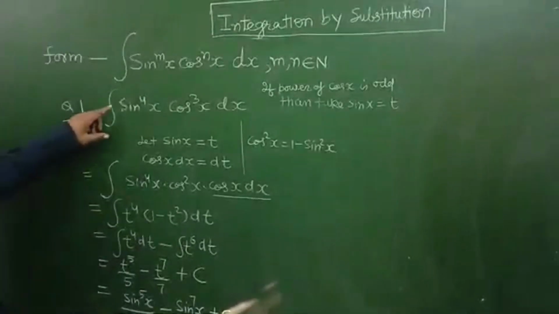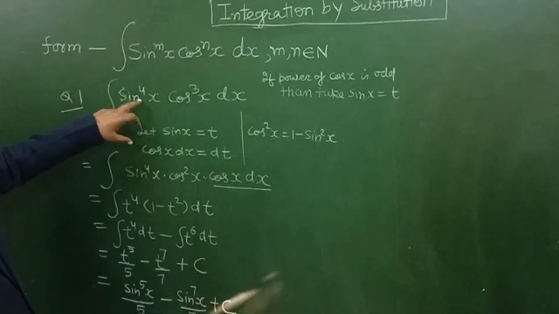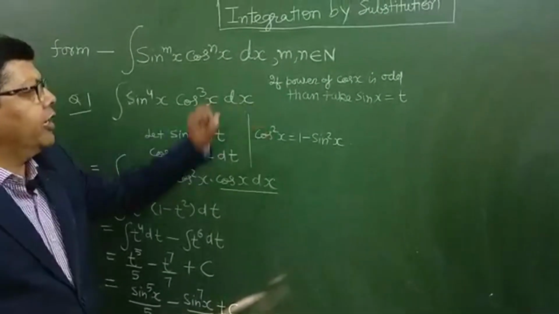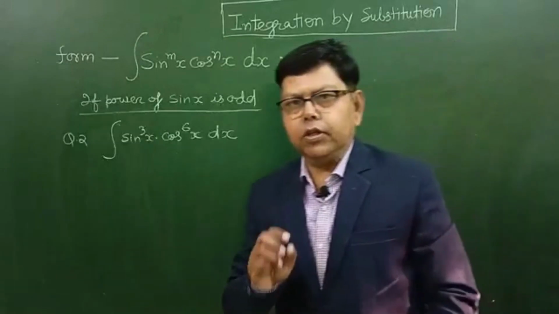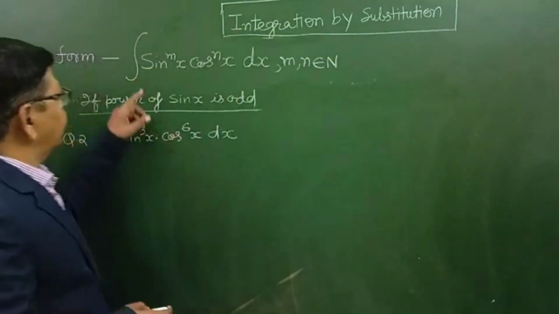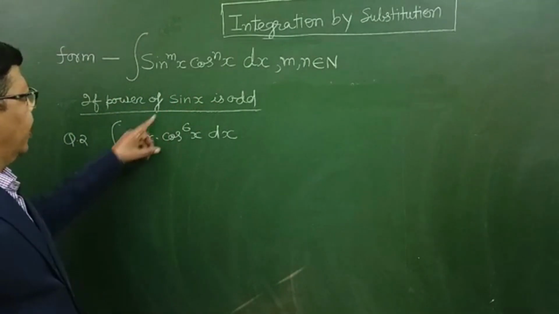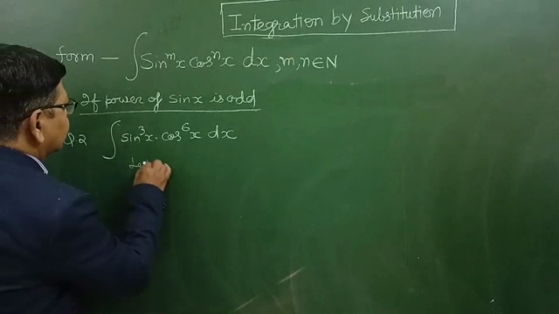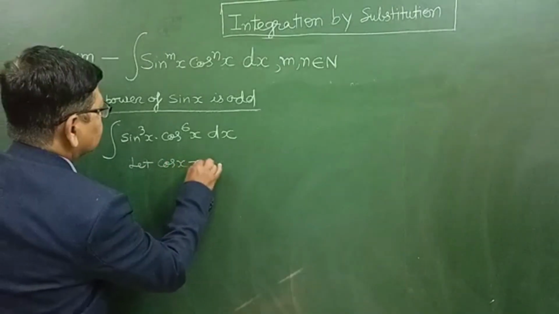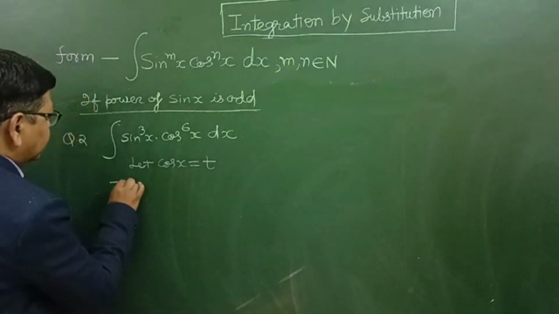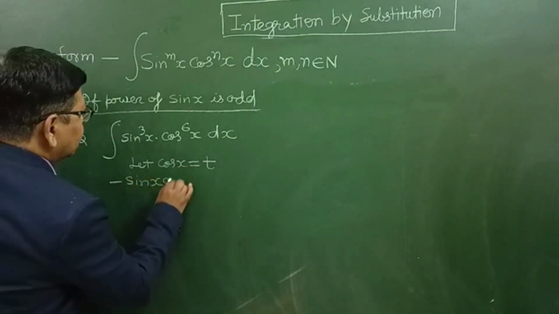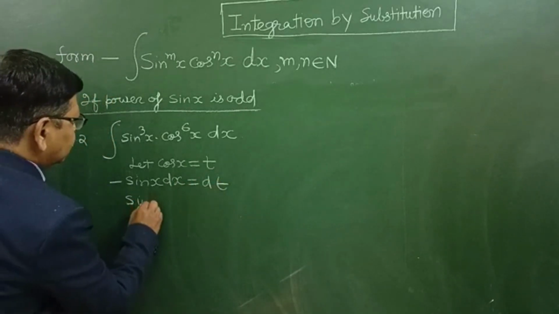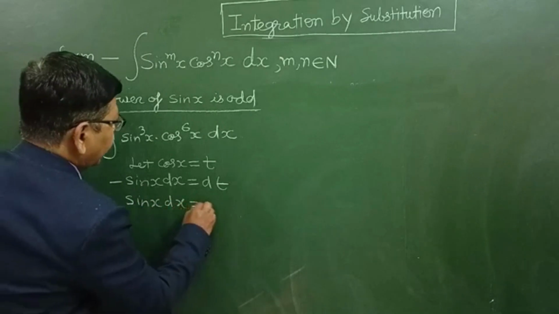So in the first case, when the power of cos x is odd, I have taken sin x equal to t. If in this type of integral sin^m x cos^n x, the power of sin x is odd, then always take cos x equal to t. On differentiating, we get minus sin x dx equal to dt, that is sin x dx is equal to minus dt.